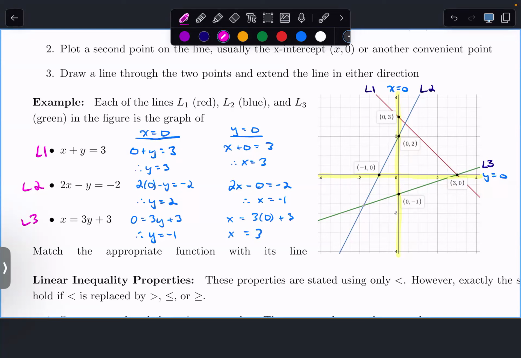You can pick any points on the line, right? It depends on if I give you a grid. Maybe pick values of x that are in the grid so that you can easily map them, or easy to calculate. x equals 0 is usually very easy to calculate, and somewhat easy is y equals 0.